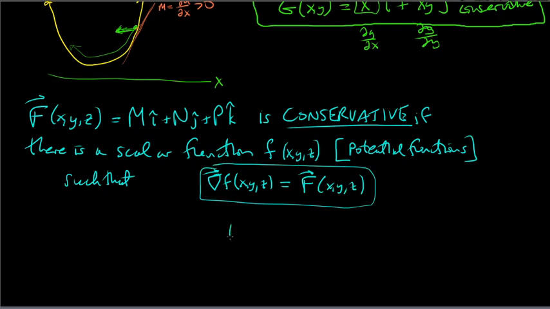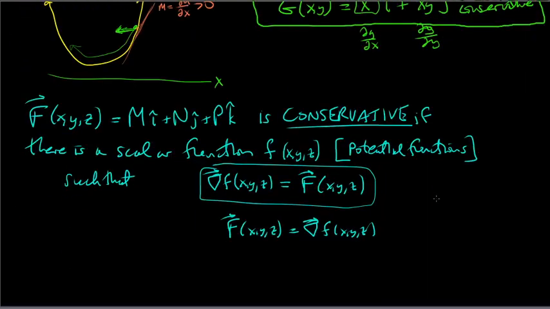So yeah, if the vector field F can be written as the gradient of some potential function, some scalar function. And again, in your physics courses, when they define conservative, they might do it a little bit differently, but this is our definition here.